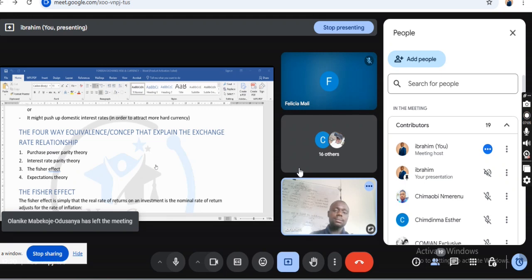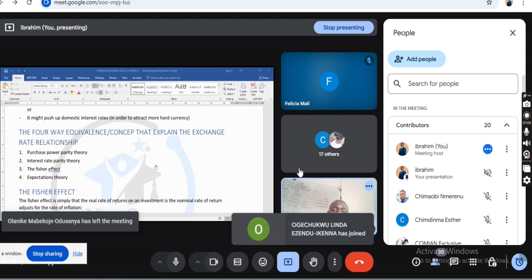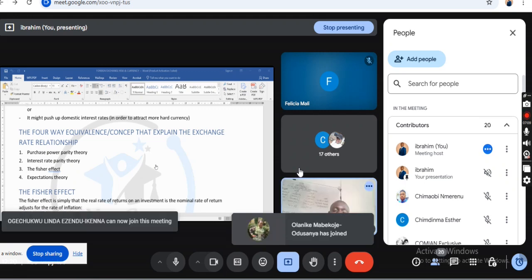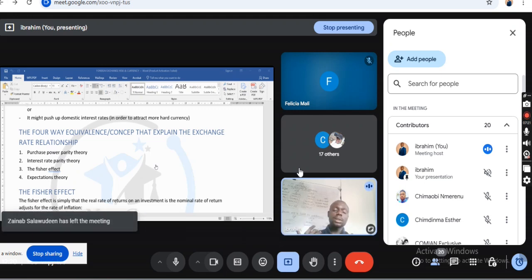Please take note of that. In a situation whereby the spot rates did not include Nigerian currency, the domestic currency will be the country that has a direct quote, right?